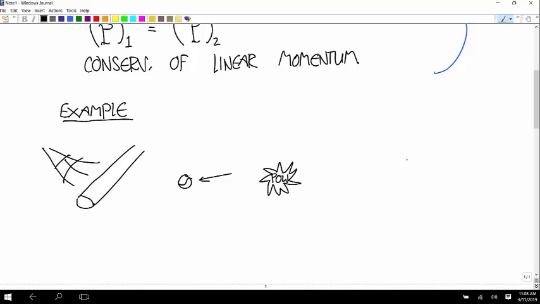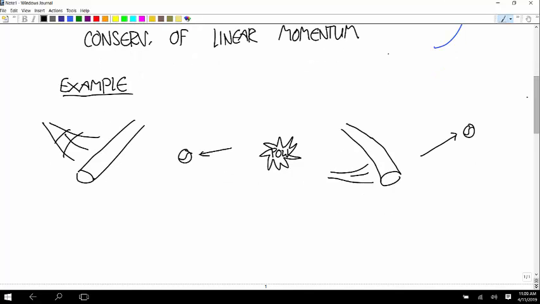And then after the collision, the ball has a different velocity, and we want to figure out the average force applied to the ball by the bat.